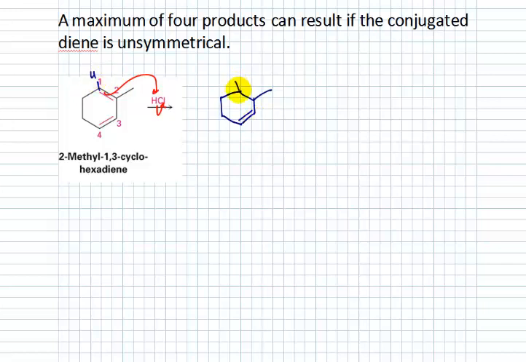We now have two H's on carbon 1 and a tertiary carbocation on carbon 2 where that methyl group is. We do that because it's more substituted than the secondary one and because it is allylic, so it has a resonance structure.